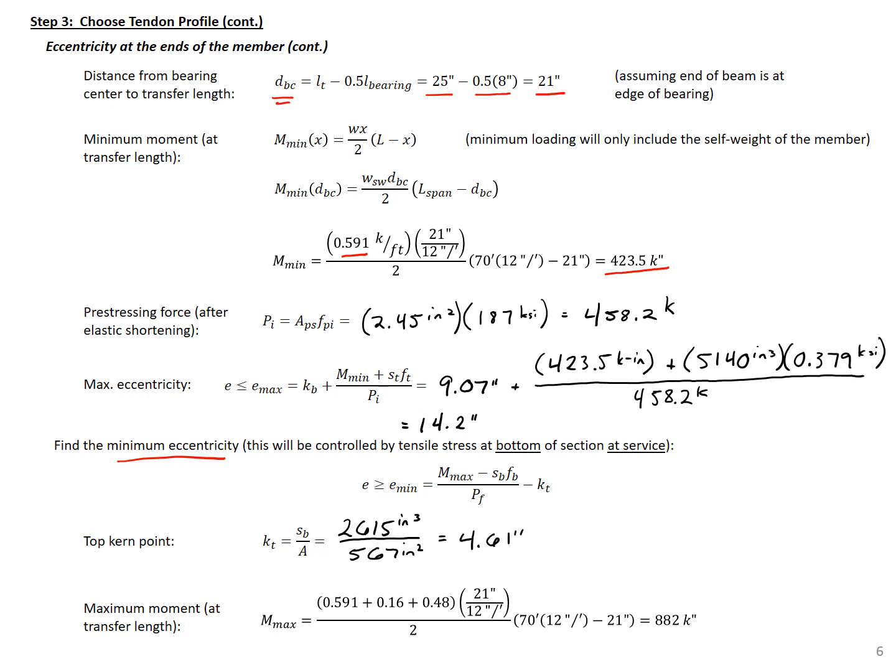We can also find our maximum moment at the transfer length. So the same thing at a distance 21 inches from the center of our bearing. Our max moment is our self-weight plus our superimposed dead load plus our live load, which will give us a moment here of 882 kip-inches.